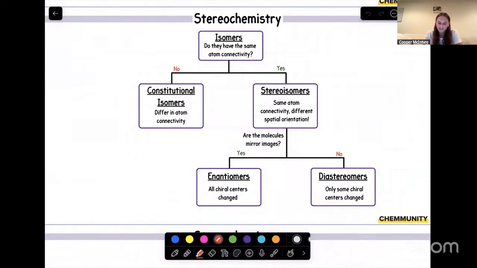And yet again, enantiomers are when we have all chiral centers changing their configuration, which is how we get the reflection of a molecule. But if we're looking at two molecules that are not mirror images, then we're talking about diastereomers, where only some chiral centers changed while the others did not.